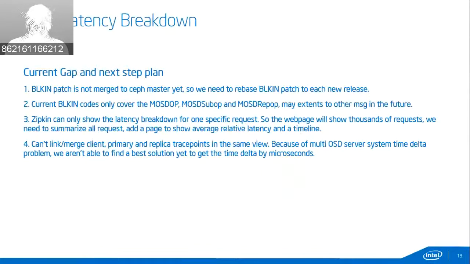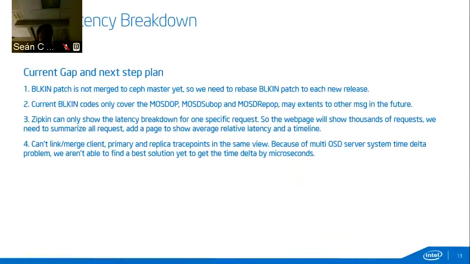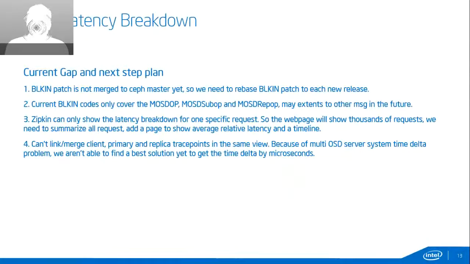For the block-in piece, if all the trace points are added but disabled, so you're just running normally in production but not tracing anything, is there a cost? We use LTTng for the trace points, so you can just disable all the events. Of course. Okay, awesome.